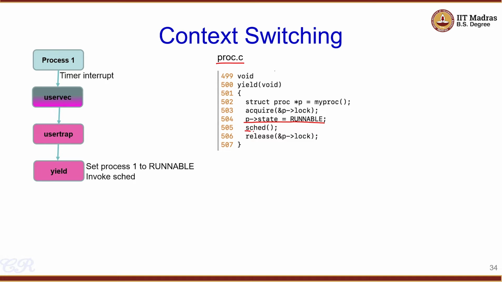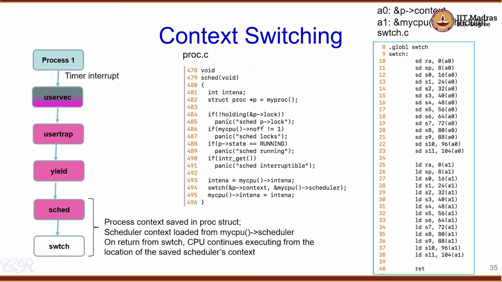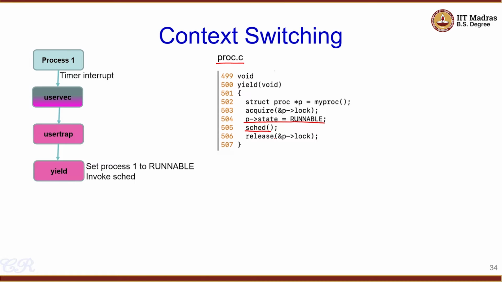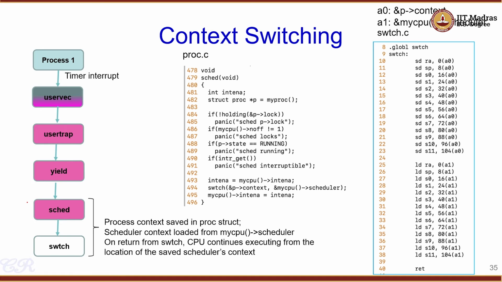Next, yield calls sched, which would then invoke the scheduler. So sched essentially looks something like this.